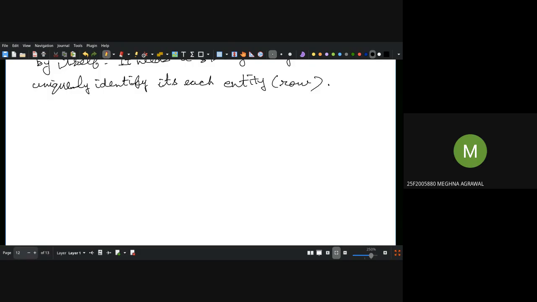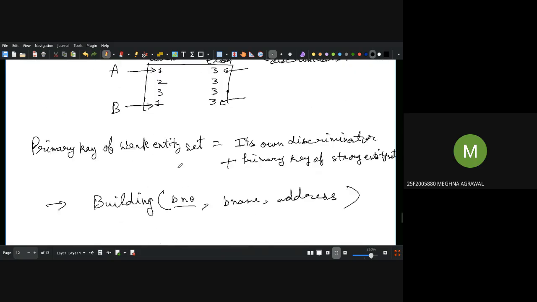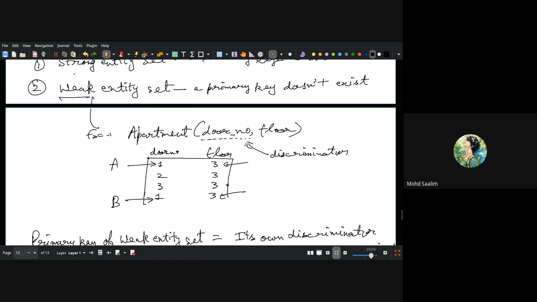So can you repeat the last two lines, what you said? Yes, sir, here. Yeah, so whenever someone gives you something like this, for example, if someone gives me this courses, and inside it there is an ID, there is a name, and some more attributes, but they are dotted underlined.